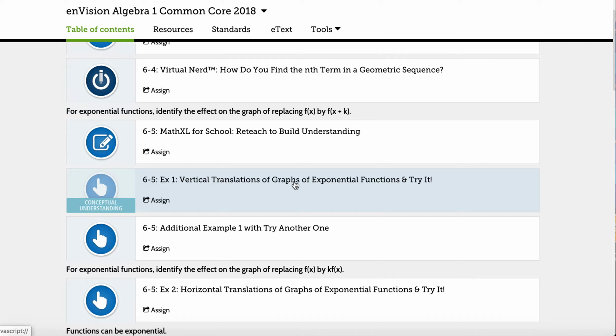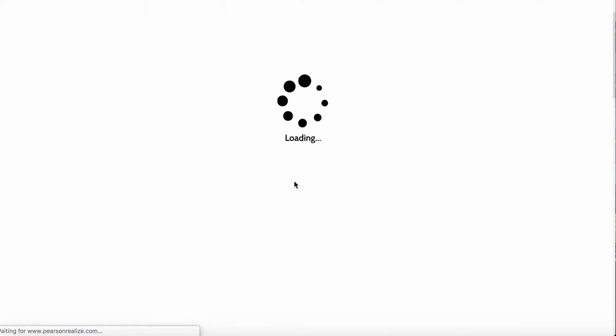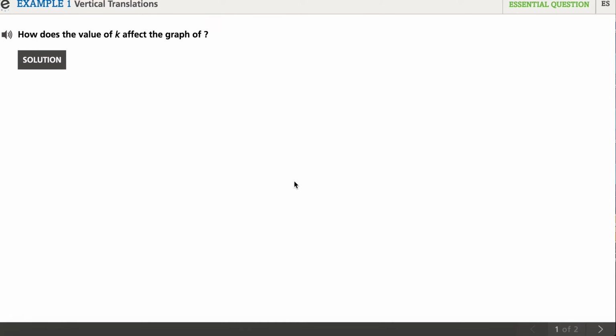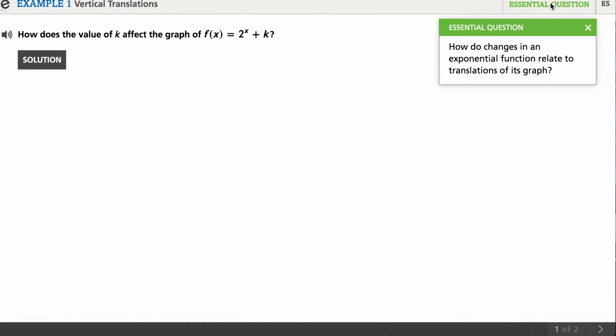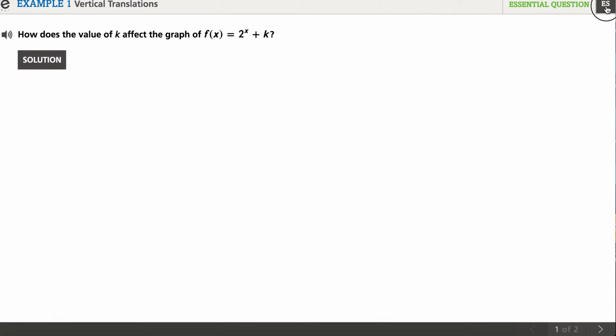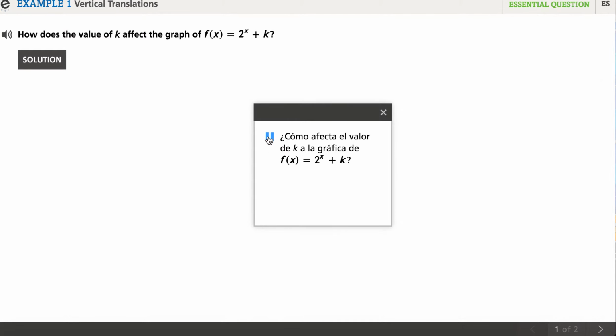Let's see the vertical translation. How do changes in an exponential function relate to translation of its graph? Let me read it in Spanish. ¿Cómo afecta el valor de k a la gráfica de f(x) = 2^x + k?